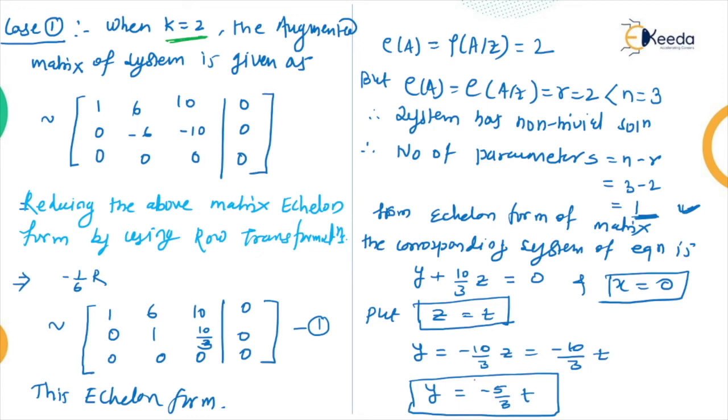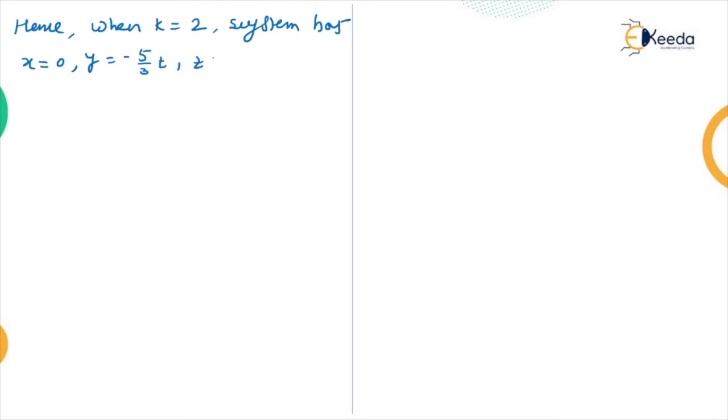So hence for case number 1, when k is equal to 2, the system has x is equal to 0, y is equal to minus 5 divided by 3 into t, and z is equal to t as a solution.